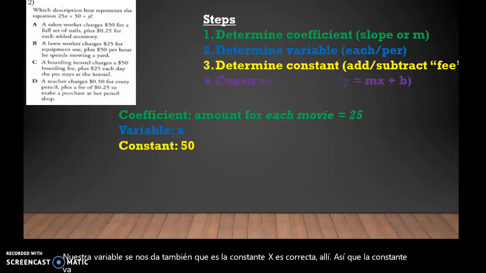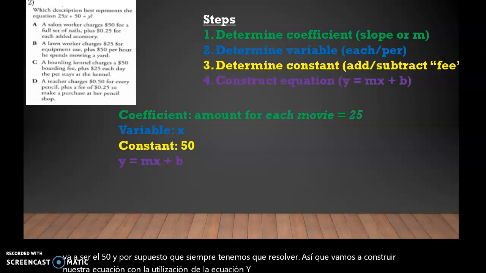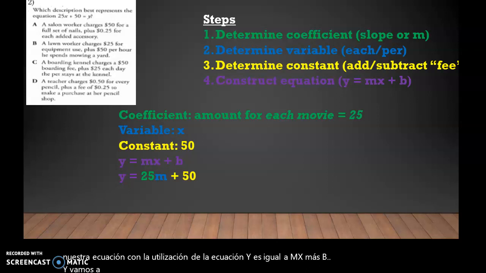And of course, we always need to solve, so we're going to construct our equation utilizing the equation y equals mx plus b. And we're going to be given this equation, y equals 25x plus 50. Okay, so each one is a scenario, so we need to go through them, right?